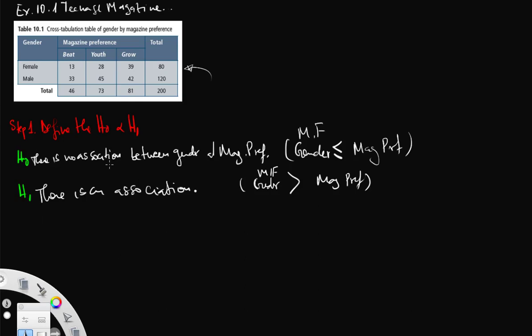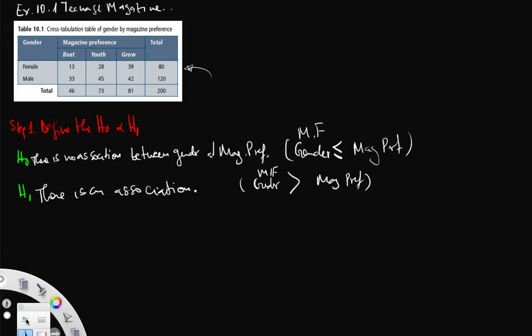So choosing the null hypothesis will tell us that the preferences are actually the same. Gender has the same preference across all the magazines, and then taking the alternative will tell us now that it differs. There's a difference between the genders and the magazine preference.